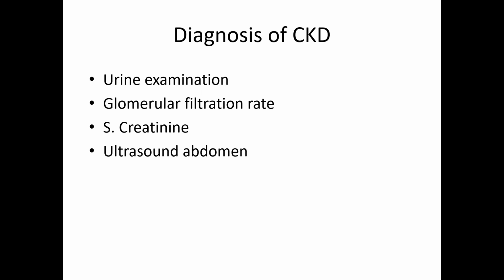So for AKI, I talked about two parameters: a reduced GFR, that is an increase in the serum creatinine value, and a decrease in the urine volume over 6 hours. Those are the two parameters. But now, if I add to these parameters the urine examination, GFR and ultrasound, it makes it easy to diagnose a patient as having chronic kidney disease.